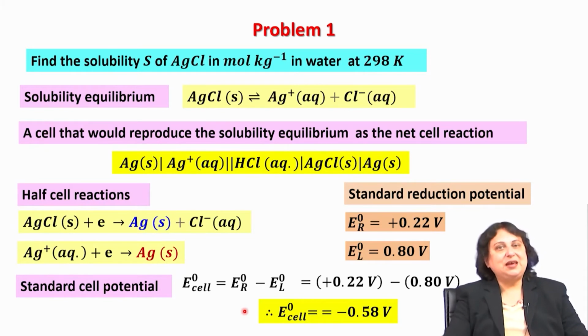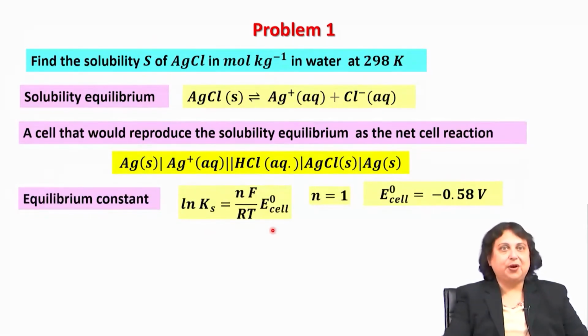That is what tells me that the way I have constructed the cell, I will not have a spontaneous electrochemical equilibrium. Rather, I will have to work from outside by passing electric current, so that this equilibrium is established, and that is why I said that all I am interested in here is the solubility equilibrium and not how that particular cell works. Okay, coming back to the solution of this simple problem.